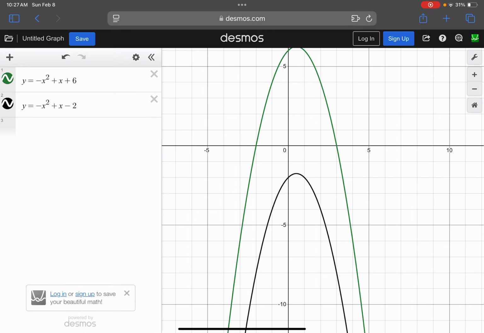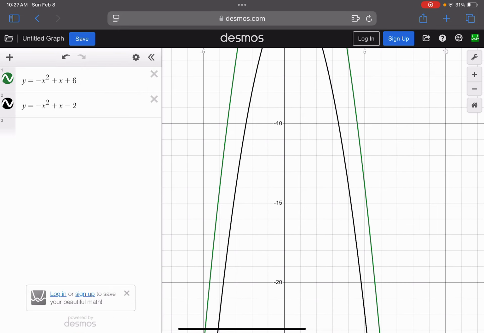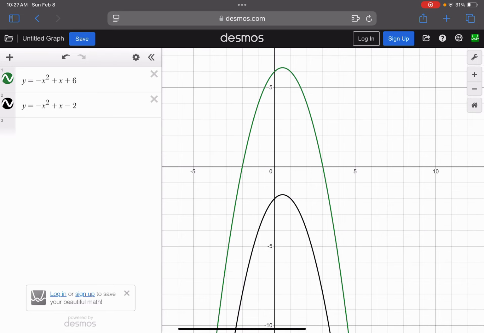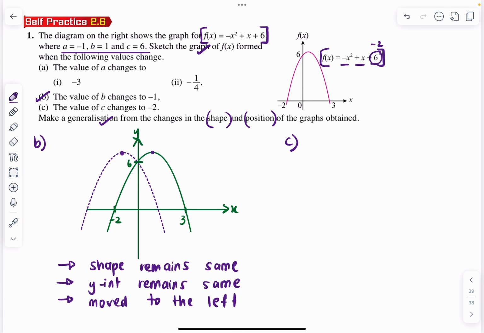Now the graph has moved down. The shape looks the same, just that the graph has moved down. Initially the c was 6, now it is -2. So the y-intercept also went from 6 to -2.